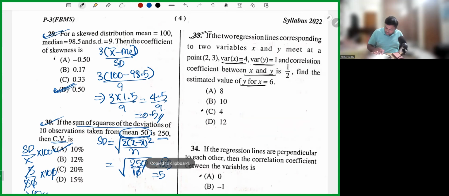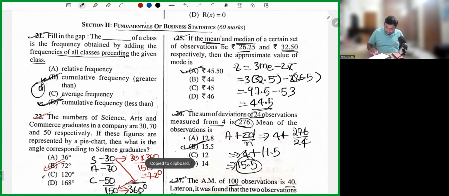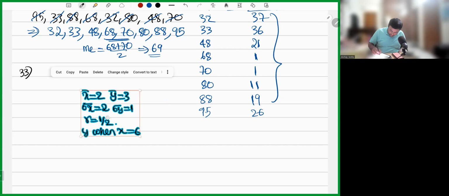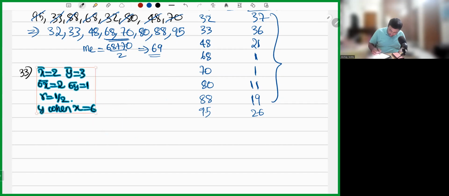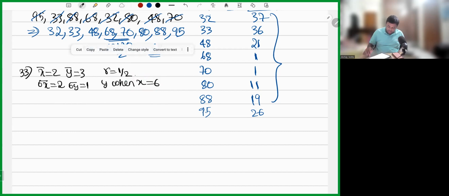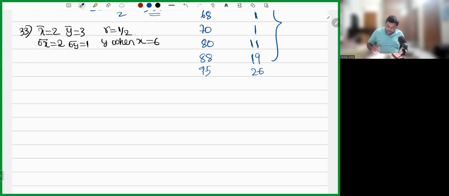Let's do it. So this is the given information. Find the value of y when x is 6, it is telling. Let's do it. What is the value of y when x is 6, my dear friends?